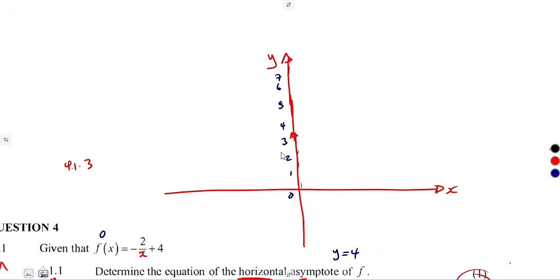So y is equal to 4 is somewhere there. So that's going to be our asymptote. So we have got our asymptote, y is equal to 4, and also the asymptote here, which we said x is equal to 0. X is equal to 0 is also an asymptote, all right?